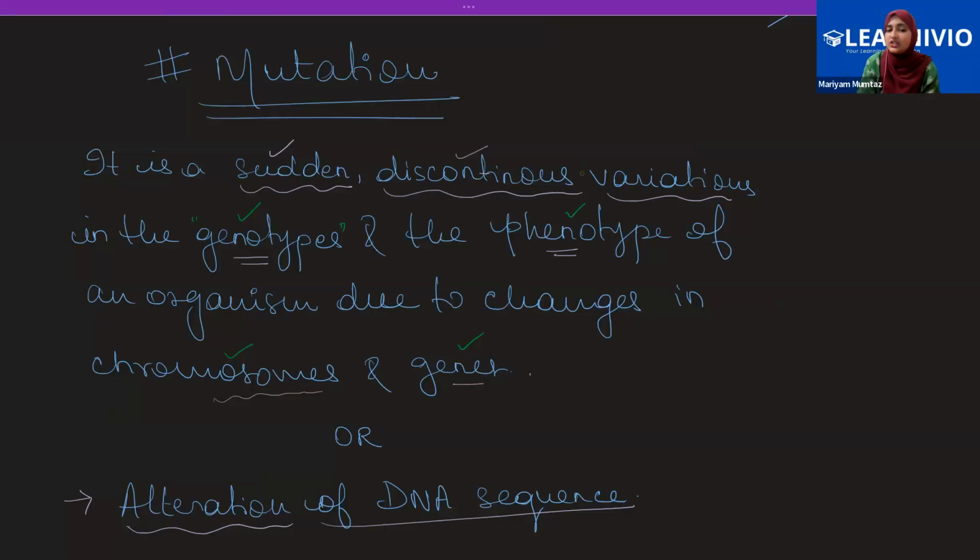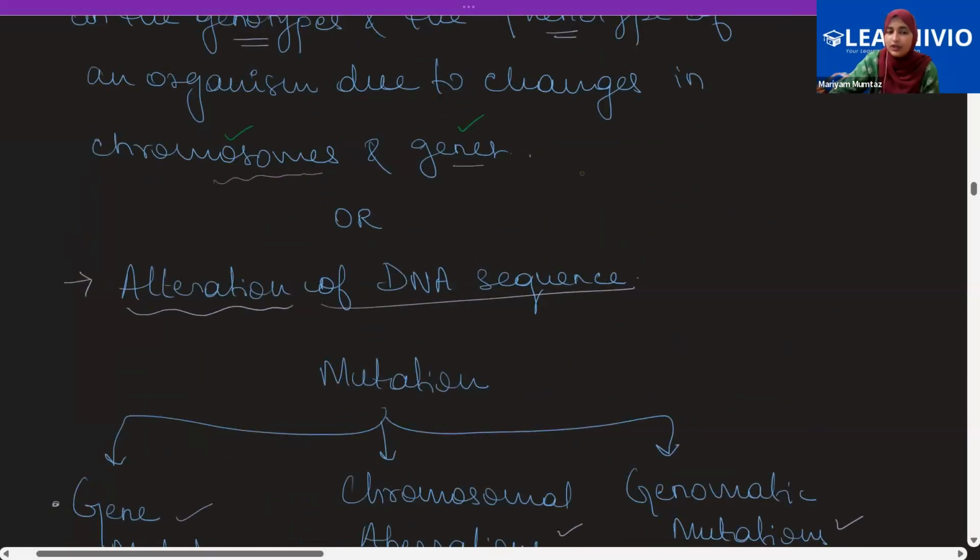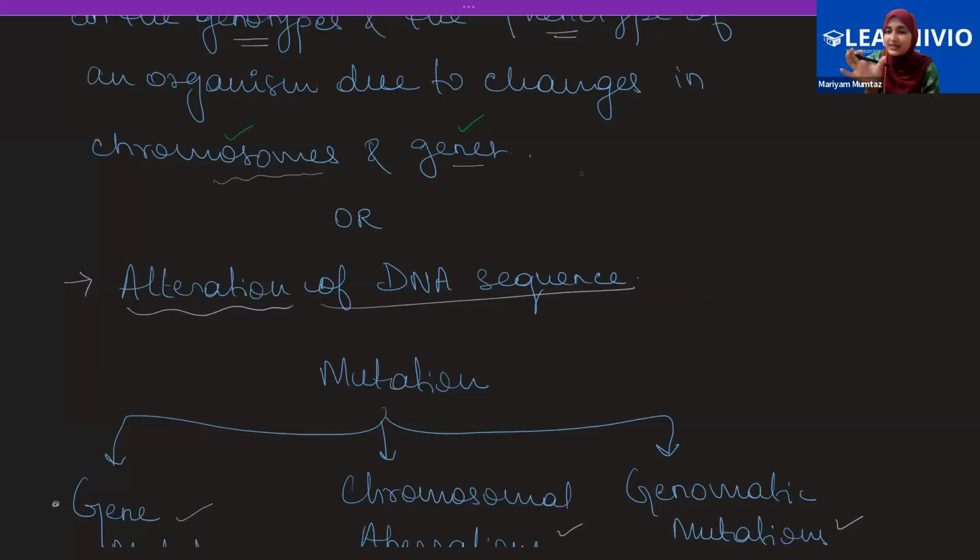Because of changes in the chromosome or gene, it suddenly happens and no one knows about it. You can also call it an alteration of DNA sequence. So mutation is when the DNA sequence gets altered, either something gets added to it or something gets removed from it. In both cases, we call it mutation.